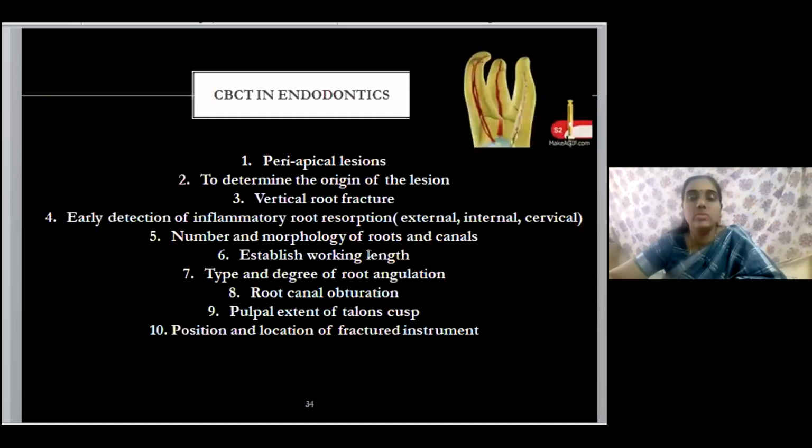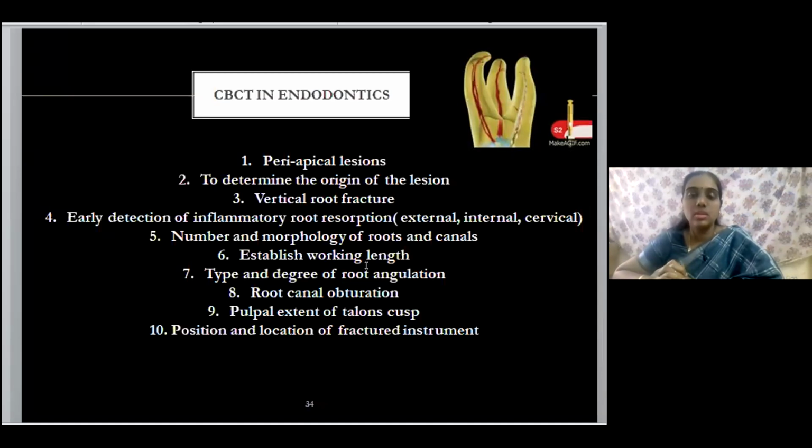Now coming to CBCT in endodontics. Yes, CBCT plays a very major role in endodontics. It is not used for detecting periapical lesions, actually. IOPA is enough for detecting periapical lesions, but CBCT is used to know the extent, location and involvement.